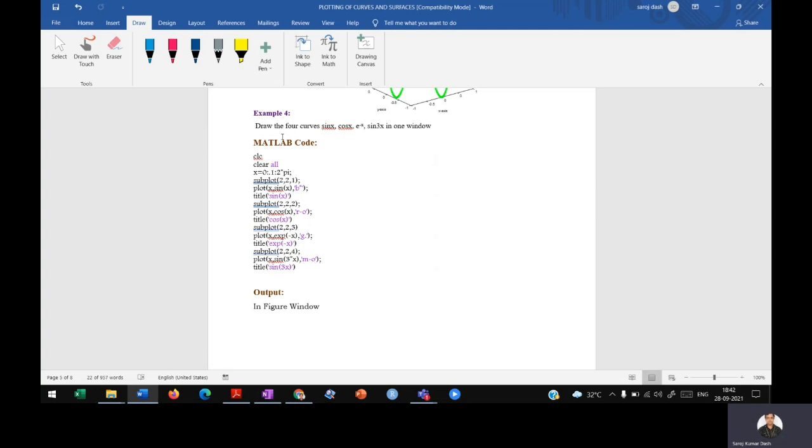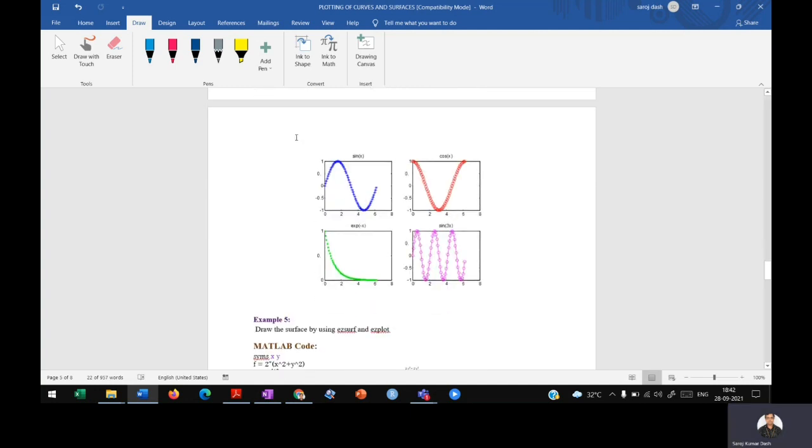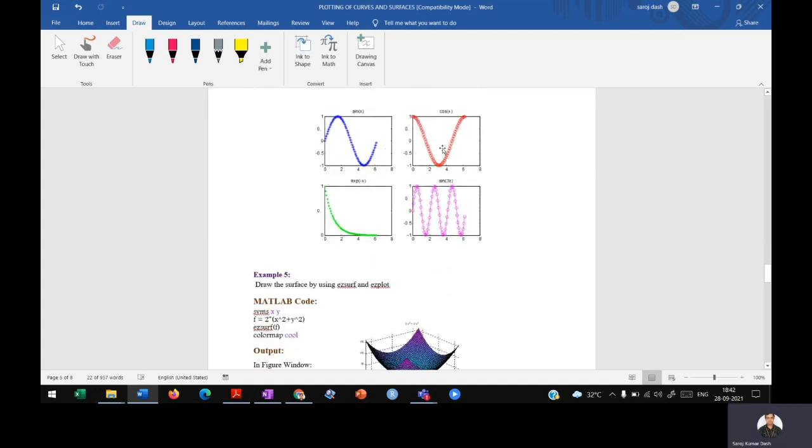When you use the subplot command, it will divide the window into 4 parts. See this type. How many parts are there? 4. It's a matrix type, a 2 cross 2 matrix.